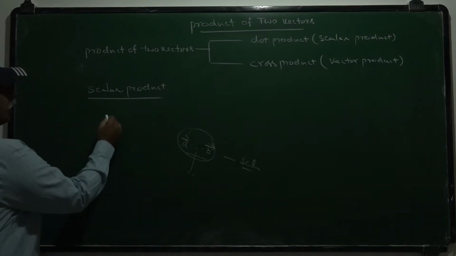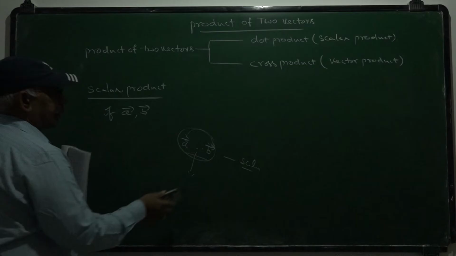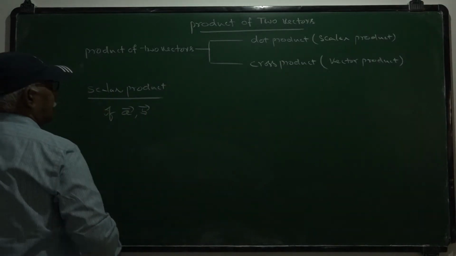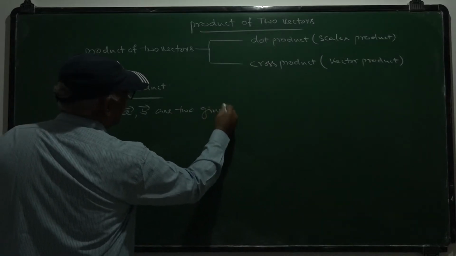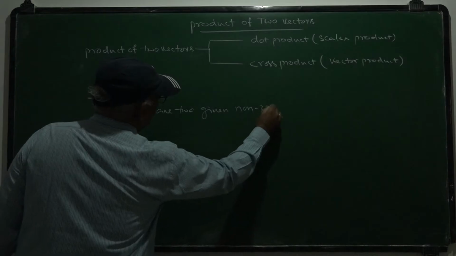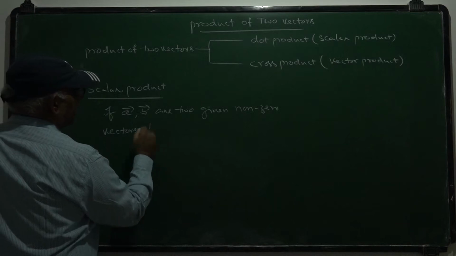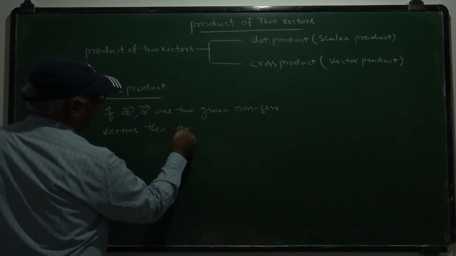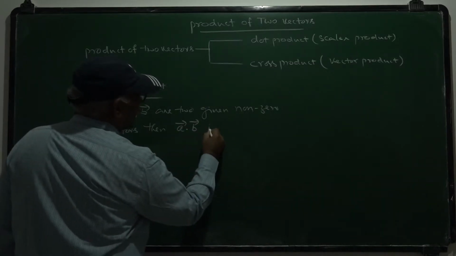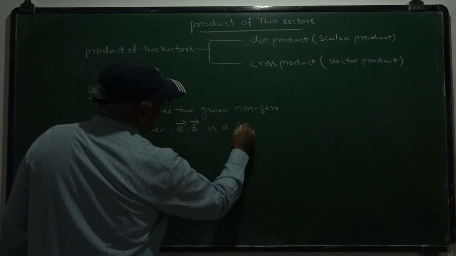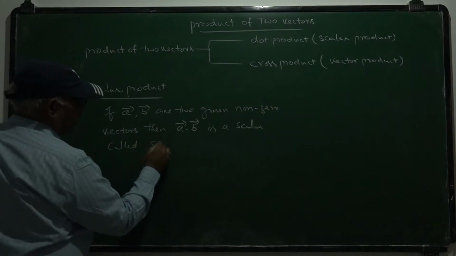That means if a bar, b bar are two given non-zero vectors, then a bar dot b bar, the product, is a scalar called scalar product.